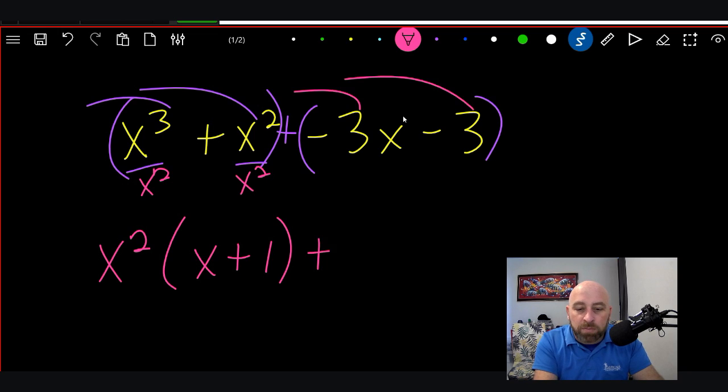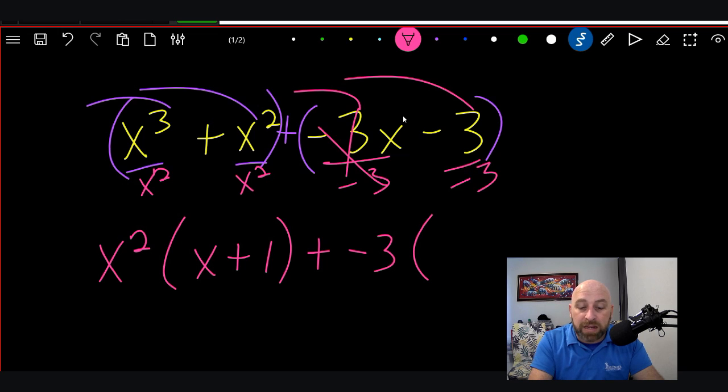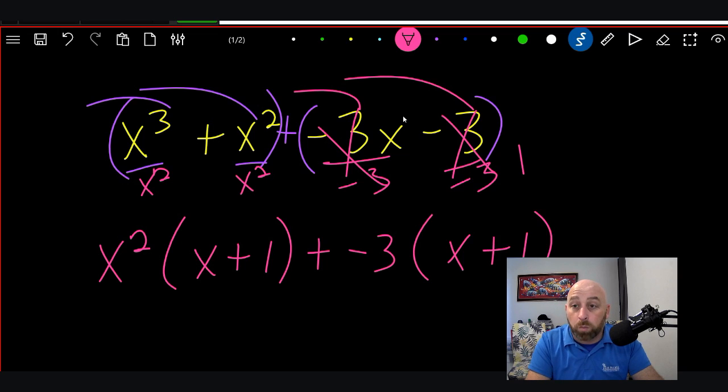And then what comes out of here? Well, the negative 3 is our GCF. So a negative 3 comes out of there, and we divide everything by negative 3. And what happens? Well, that cancels, and we get x, and that cancels, and we get 1. Positive 1, right? Negative divided by negative gives you a positive 1. Interesting.